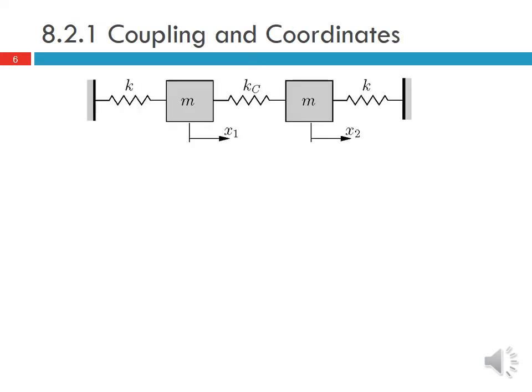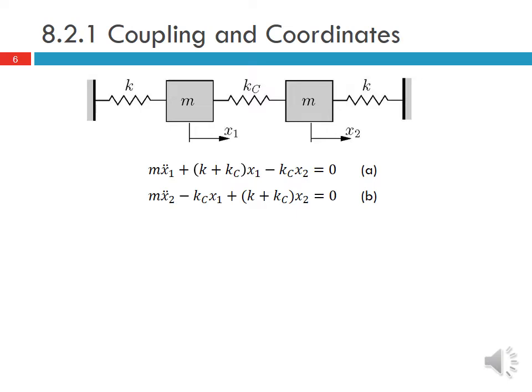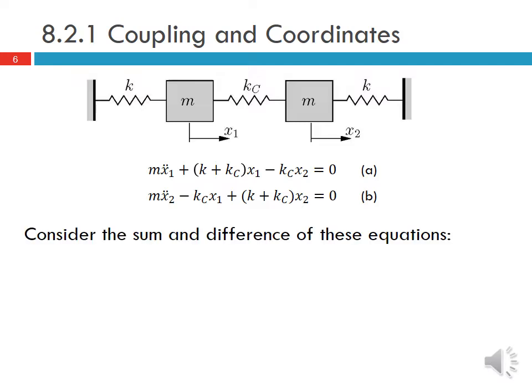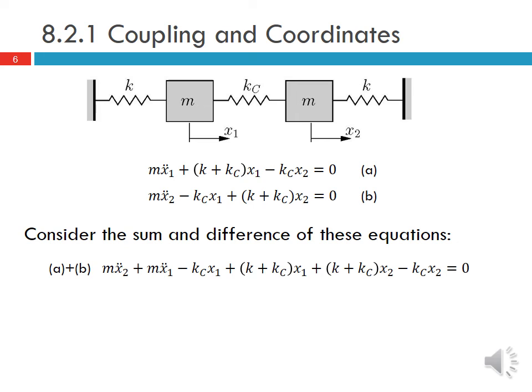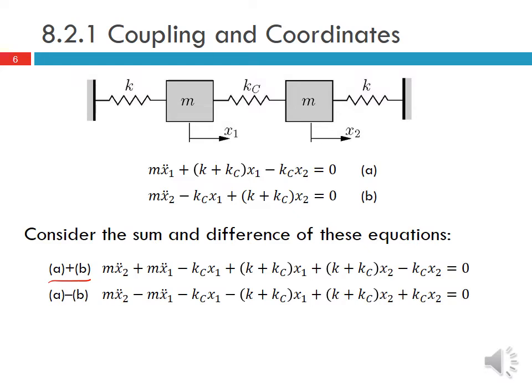Now let's look at our system again and look at our equations of motion. Now let's consider the sum and the difference of these equations. So A plus B gives us this expression here, and A minus B gives us this expression here.